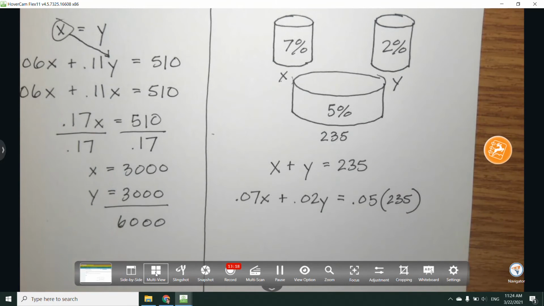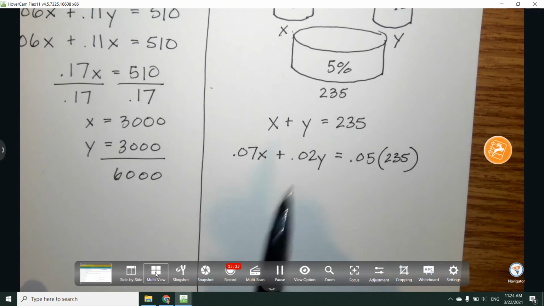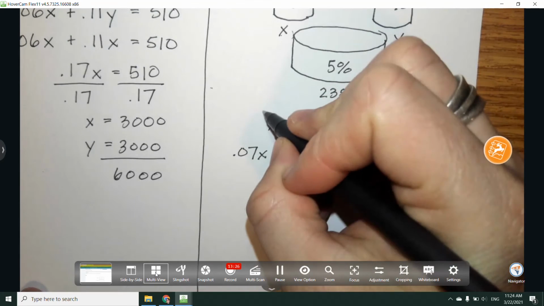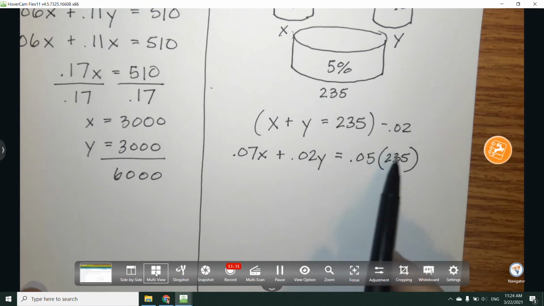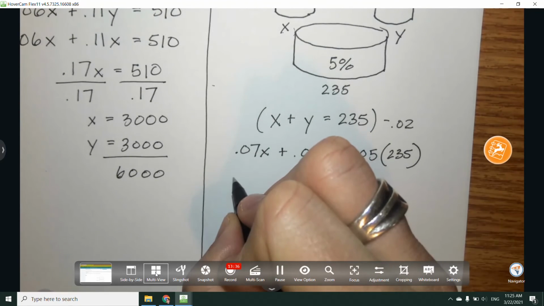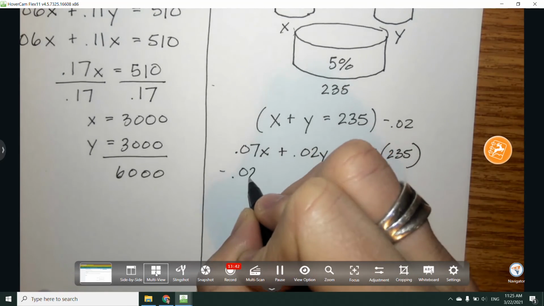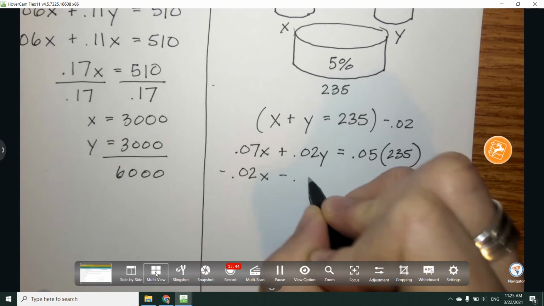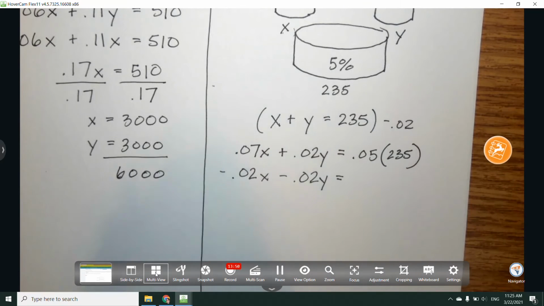So this needs to be 0.05 times that 235. I'm going to do a lot of math together in this next step. So I'm going to go ahead and do an elimination. I'm going to eliminate this y by multiplying everything times a negative 0.02. I'm also going to multiply this one as we do this step as well. So we get a negative 0.02x, a negative 0.02y, and this equals 235 times 0.02.